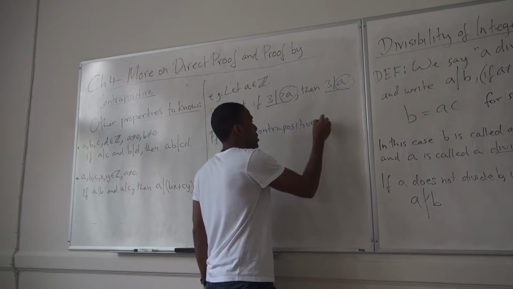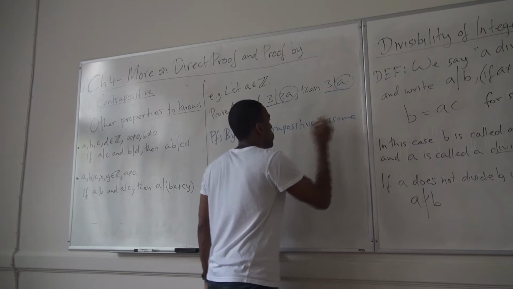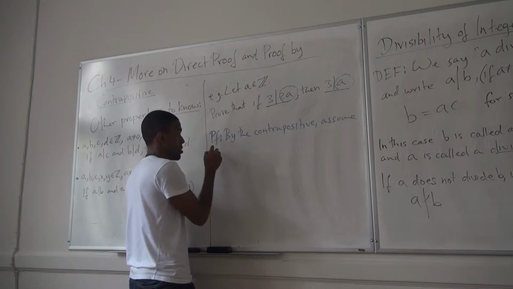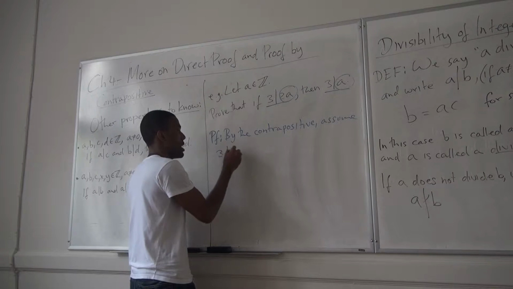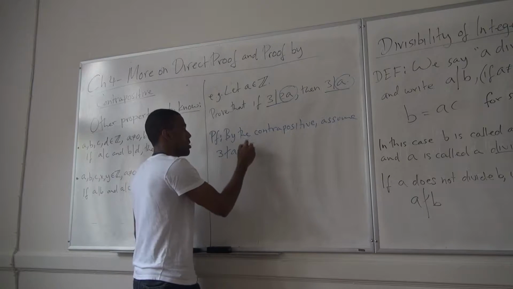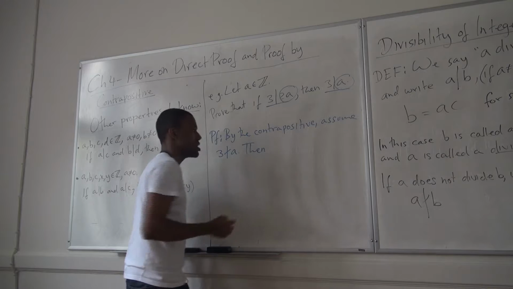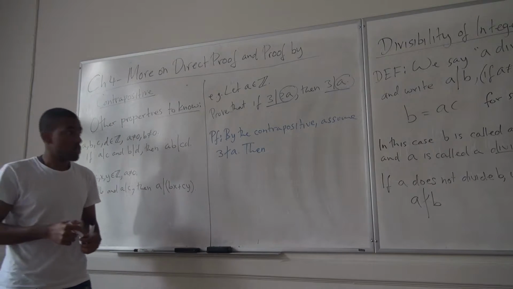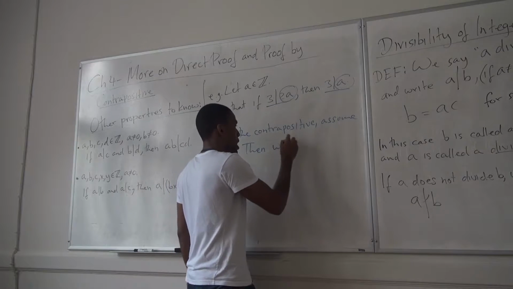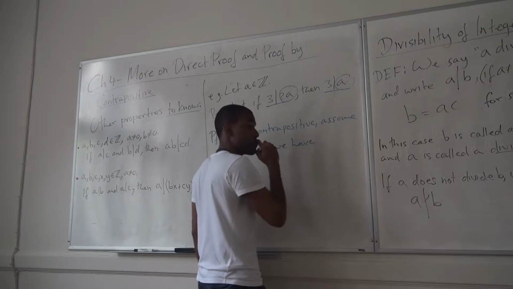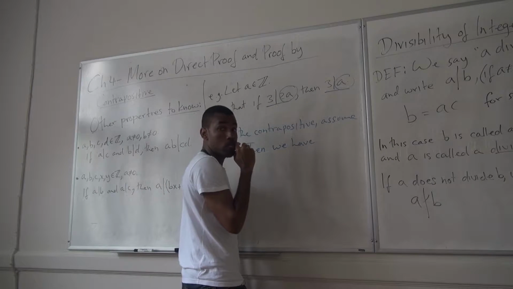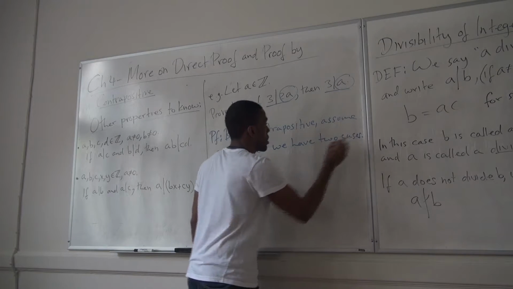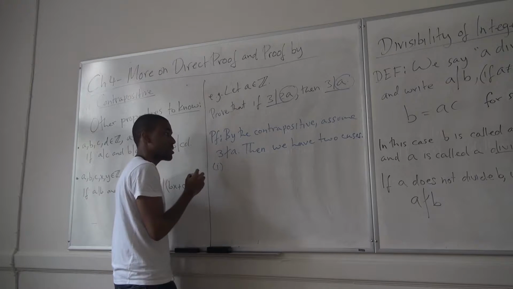Contrapositive. Assume. What would we assume if we're doing contrapositive? 3 does not divide a. Then, what does that mean if I say 3 does not divide a? Then we have cases. How many cases? 2. What are the cases?